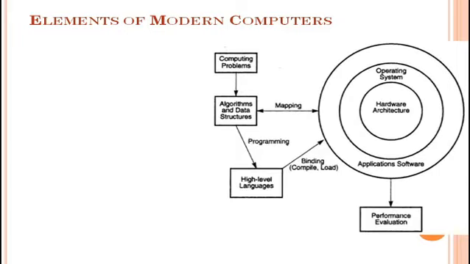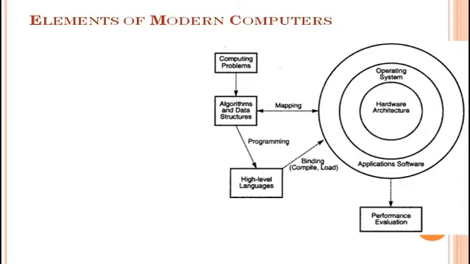So as we can see in the diagram, this diagram shows the elements of a modern computer system consisting of computing problems, algorithms and data structures, then high level languages, then we have the hardware architecture, then we have the performance evaluation.